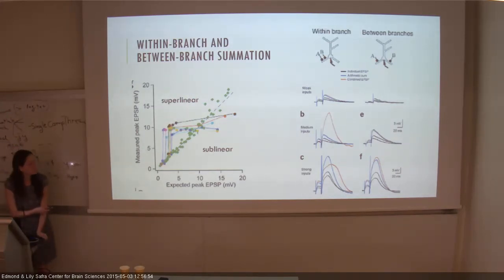Because what they see at the soma, the kind of voltage traces that they get there, look like there was an initiation of it or something like that, but they do not really explain it.